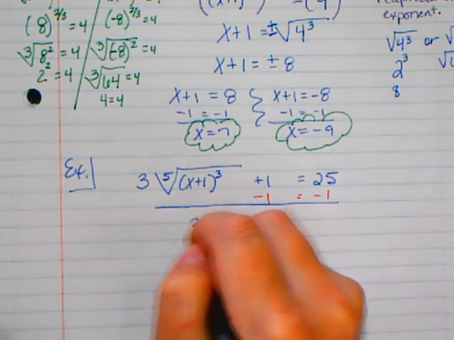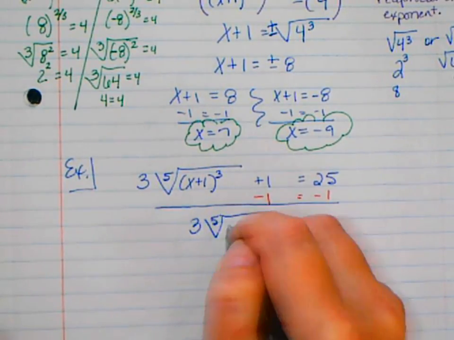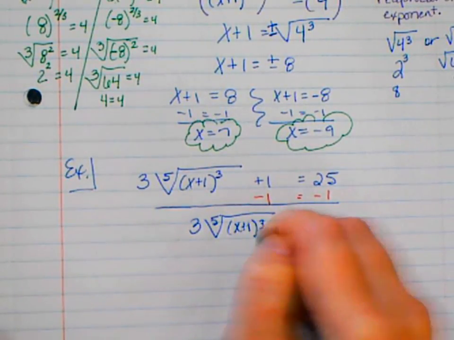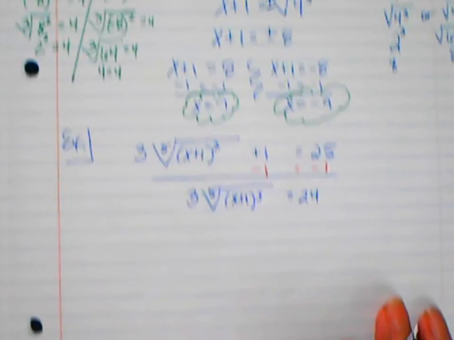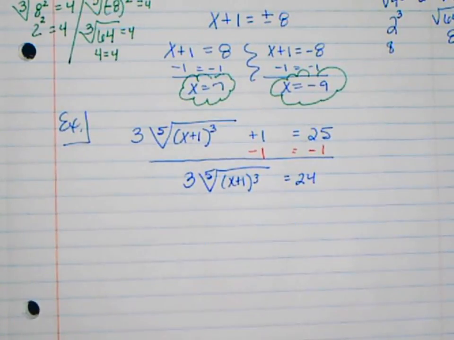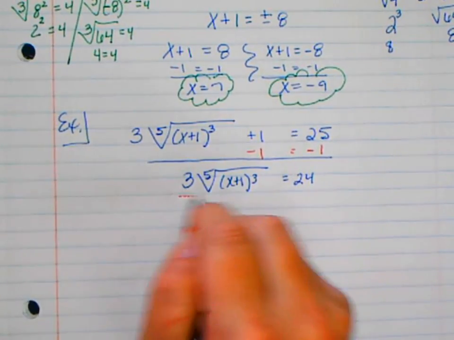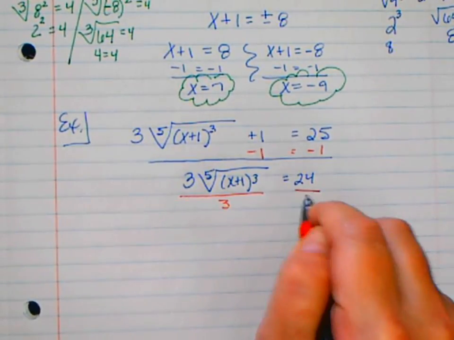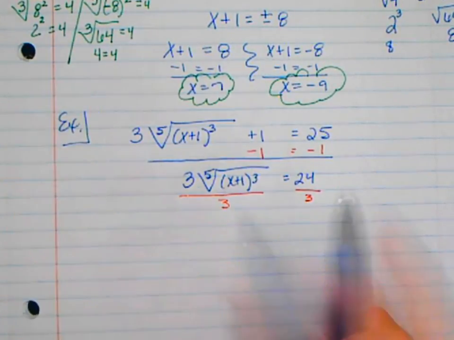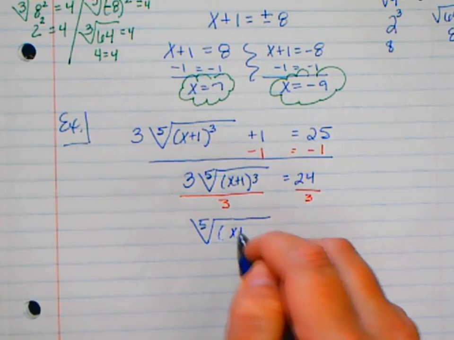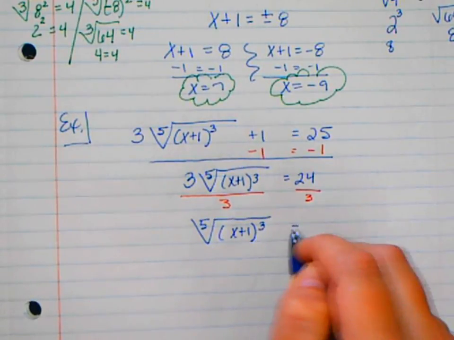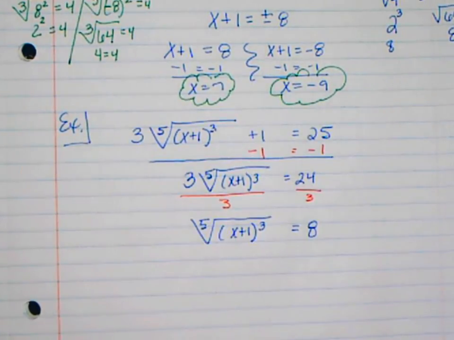So I have 3 times the 5th root of x plus 1 quantity cubed equals 24. Divide by 3. So I have the 5th root of x plus 1 quantity cubed equals 8. Can I take the 5th root of x plus 1 quantity cubed?